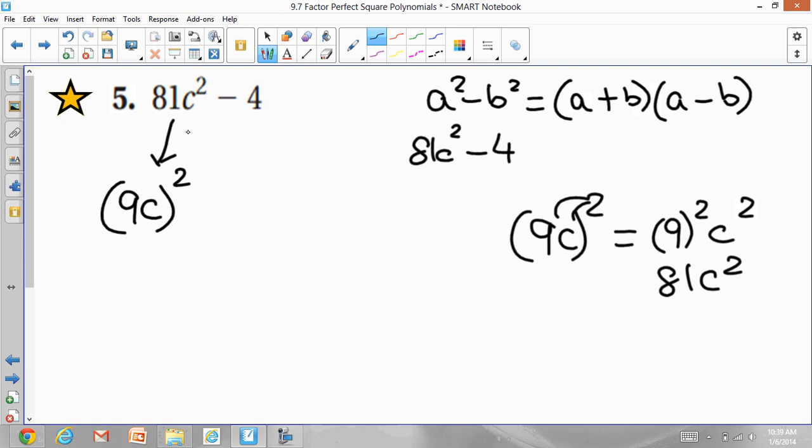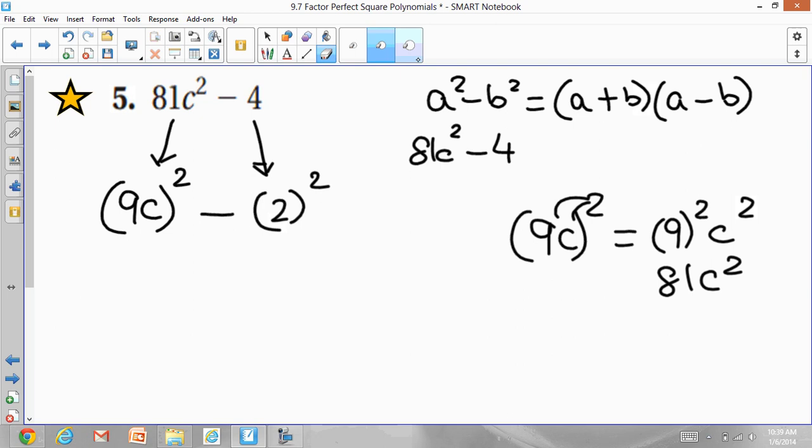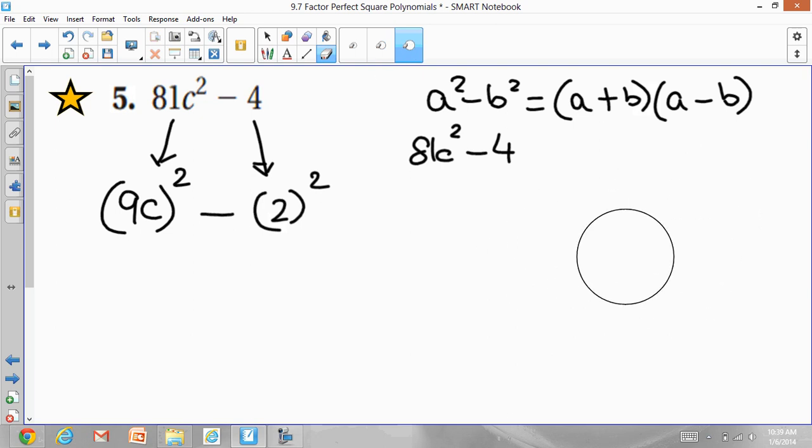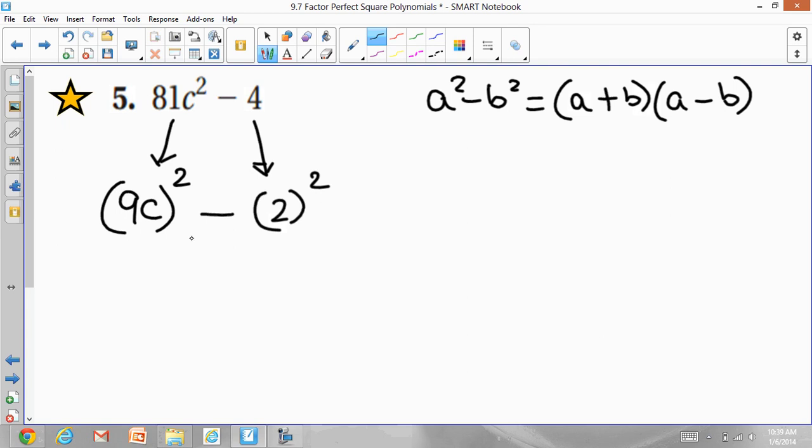So 81c squared is nothing but 9c the whole squared minus 4, I'm going to break it apart as 2 squared. So once you're comfortable breaking the numbers and making it fit the way that you want to see it fit, this becomes your a squared minus b squared formula. So that is what it looks similar to.